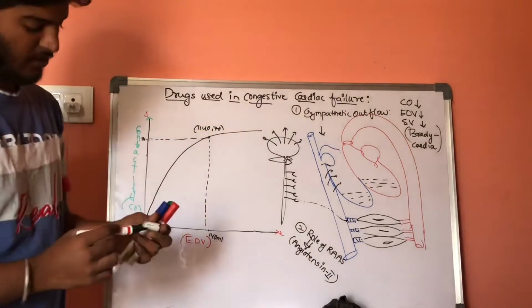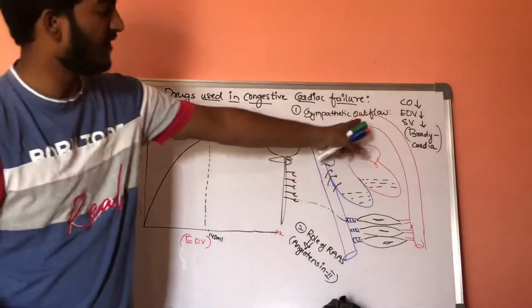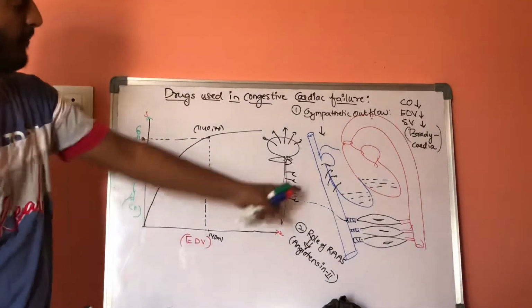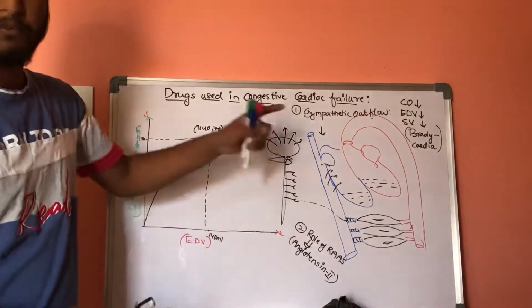Because of the presence of angiotensin 2, there will be constriction of these arterioles. Then this left ventricle will get contracted. As a result, the cardiac output will get increased.